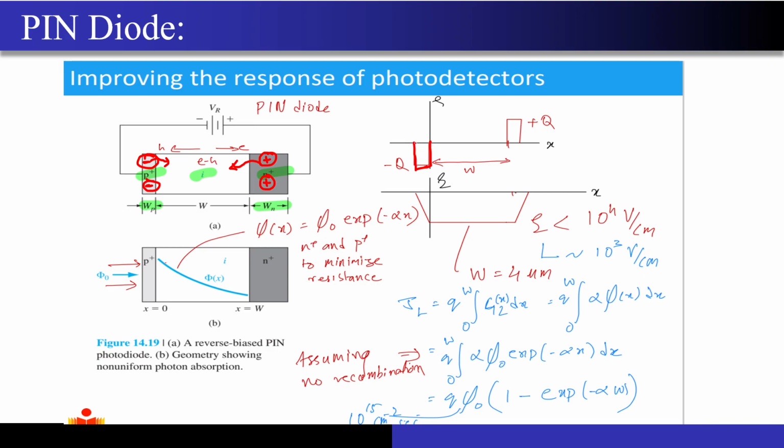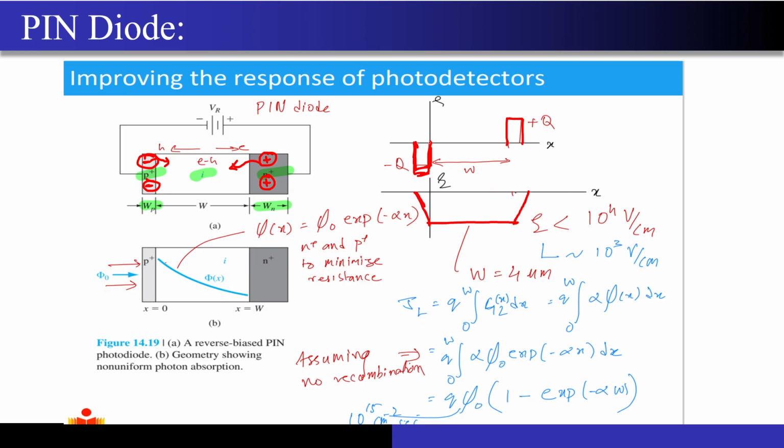So that is the reason you have a negative immobile charge and a positive immobile charge. If you now integrate it, this is a step function, right? You will get a ramp if you integrate it. Then there is nothing over here, so this will remain constant, and there's a positive charge over here, correct? So you will get a ramp on the opposite side, that way it will decrease.